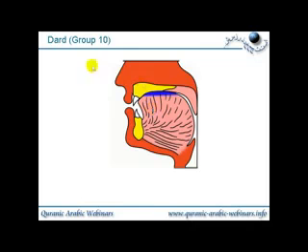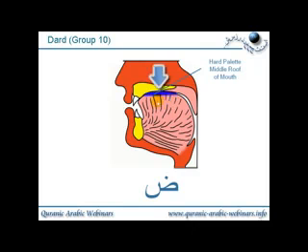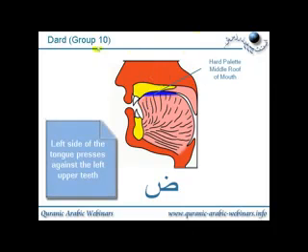The last group is group number 10, which consists of just one letter, and the letter is bod. Now this is quite difficult to say, and it's difficult to show in a diagram, but effectively what you're doing, if you're right-handed, the left side of your tongue will touch the upper left teeth on the top row of teeth.